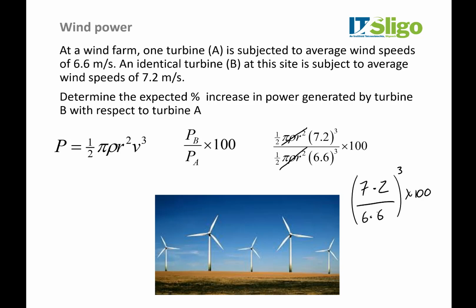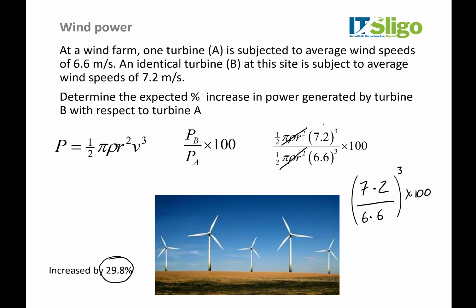And that's the maths then. When we work that out, we'll find, even though it seems like a small increase in wind speed, the revenue generated by turbine B would nearly be 30% greater than the revenue generated by turbine A.